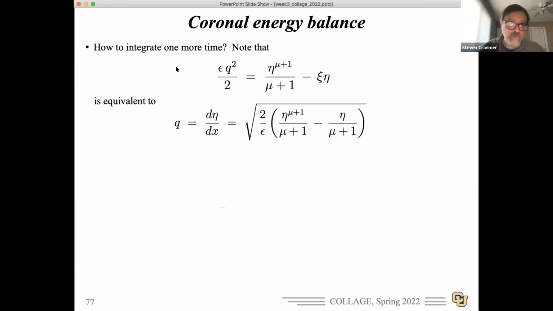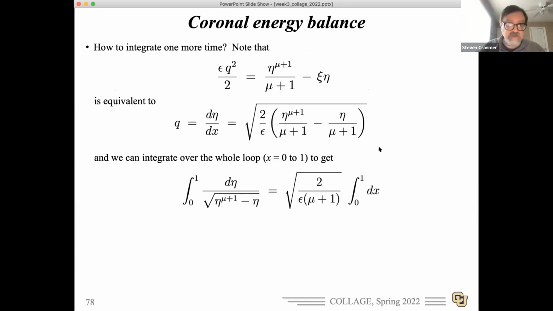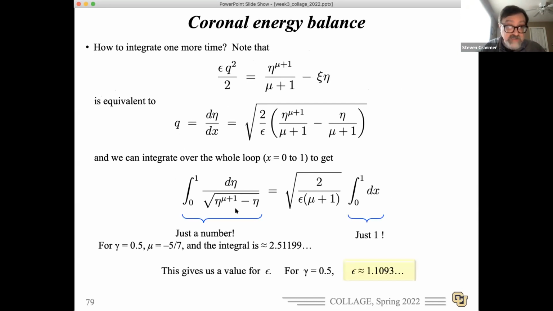You have to integrate one more time. So you have to solve for d eta dx in terms of this nasty function of eta, and then rearrange it to integrate again. But the nice thing is, if you integrate over the entire loop, many of these things are just pure numbers. This whole left-hand side is really just a number. This integral from 0 to 1 of dx is just 1.